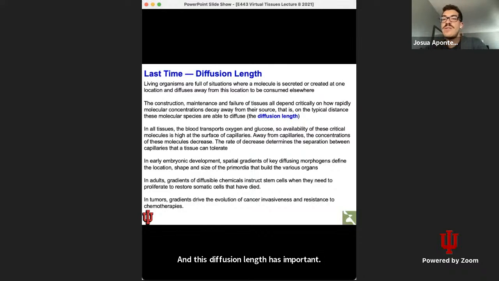For example, the distance between capillaries is determined by the diffusion length of oxygen, such that the capillaries must be at a distance such that the oxygen can diffuse through the tissue and get to cells before decaying below a certain threshold.